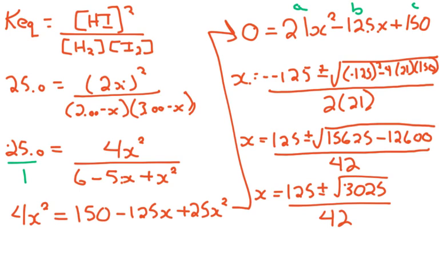Take the square root of 3,025, that gives us 55, so we are left with x equals, let's write that a little nicer, 125 plus or minus 55 over 42.